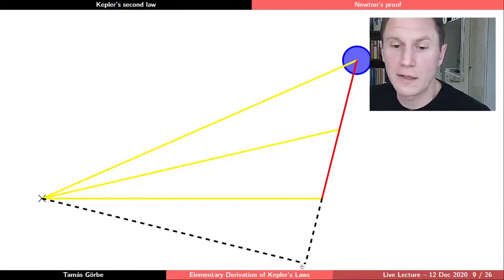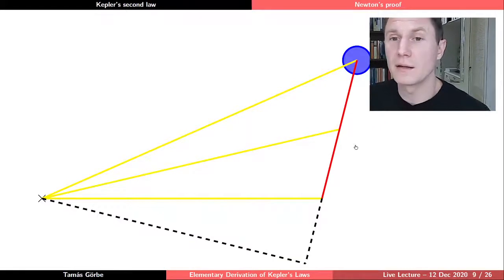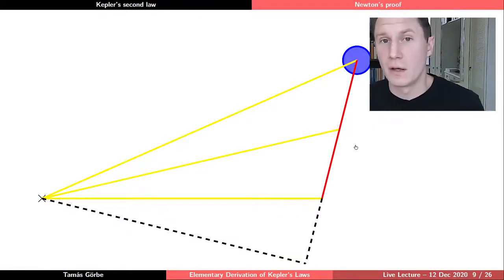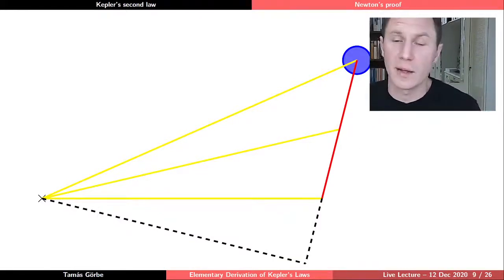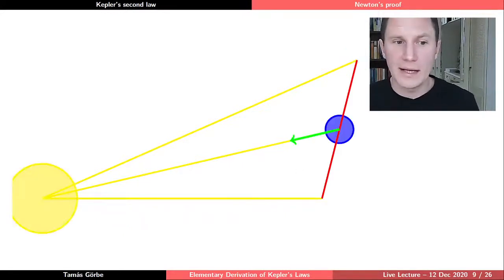So this is a perpendicular line showing us that these two triangles have the same height. So they have the same base and the same height, meaning that the area, which is 1/2 times the base times the height, is the same for both triangles. Okay? So this was the case where we didn't have the sun, we didn't have anything else in place.